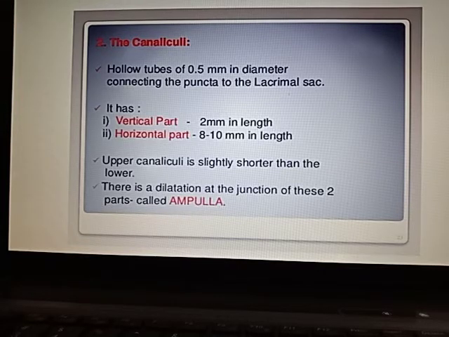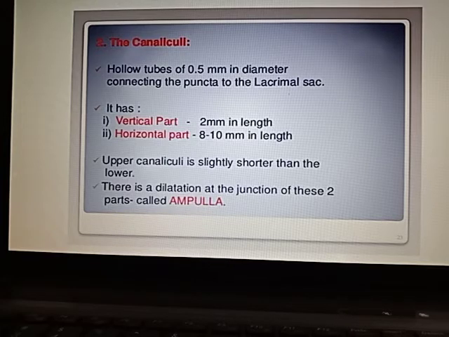The mucous membrane is lined by stratified squamous epithelium placed on a basement membrane. A layer of striped muscle fiber, which is continuous with the lacrimal part of the orbicularis oculi near the lacrimal puncta, is arranged circularly and acts as a sphincter. The striped muscle fiber of the orbicularis oculi acts as a sphincter.